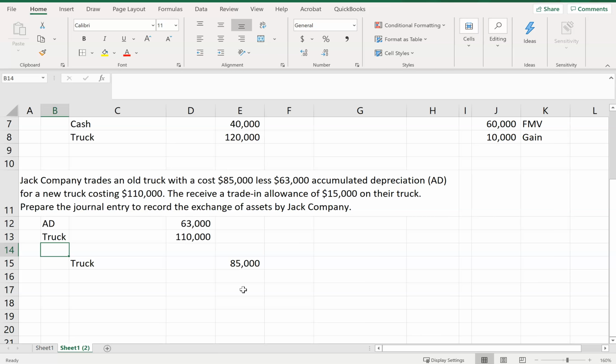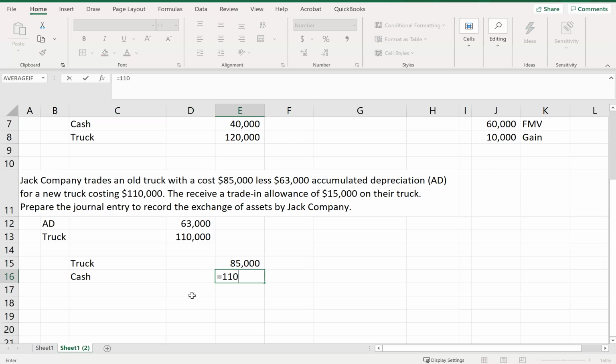We are paying $110,000. Because our trade-in allowance was $15,000, it means that we paid cash of the $110,000 minus the $15,000. So this $15,000 will not go in our journal entry anywhere, but we will use it in a calculation. So the credit to cash is going to be $110,000, the cost, minus the $15,000, the trade-in allowance.